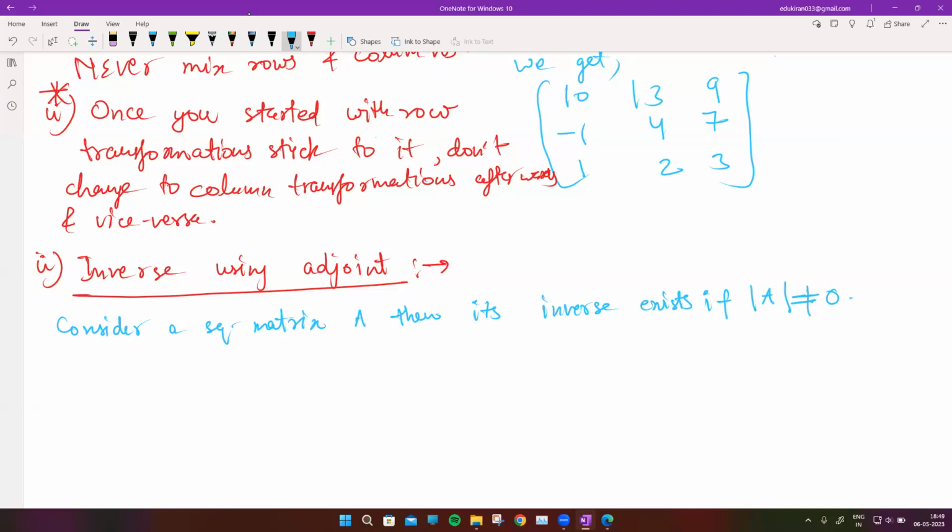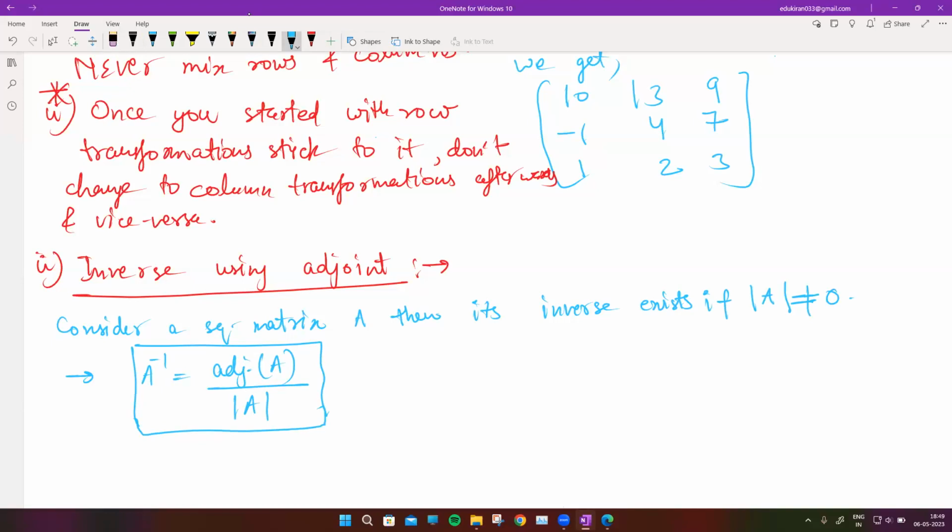And if its inverse exists, the formula to find it is: A inverse is equal to adjoint of A divided by determinant of A. Now you can easily remember this. When will our inverse exist for any square matrix?